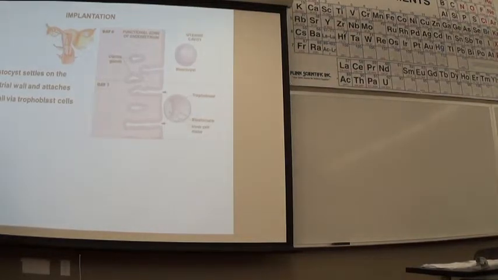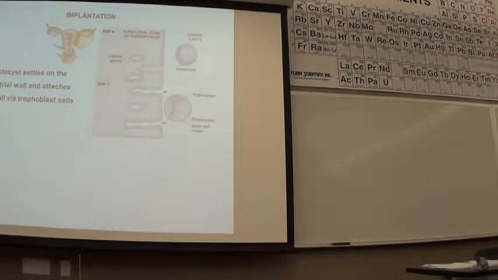Remember I said they were rich in glycogen because at first the embedding blastocyst doesn't have access to the maternal tissue. There could be some spotting here as capillaries are torn, but typically this is not a digestive activity. It's not eating or breaking down maternal tissue. It's kind of just spreading it apart, kind of oozing in between the cells and the connective tissue.